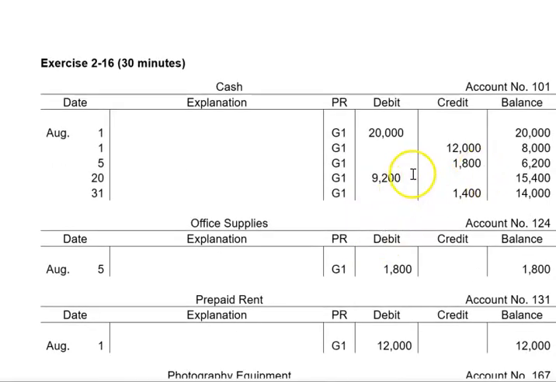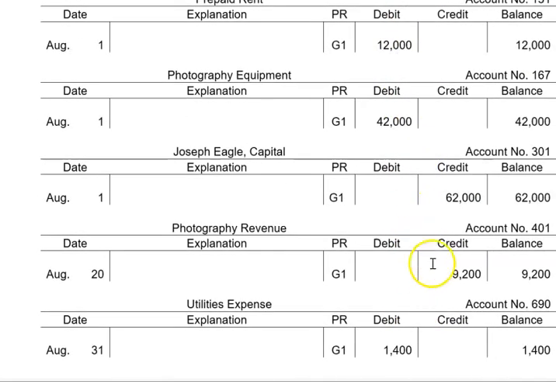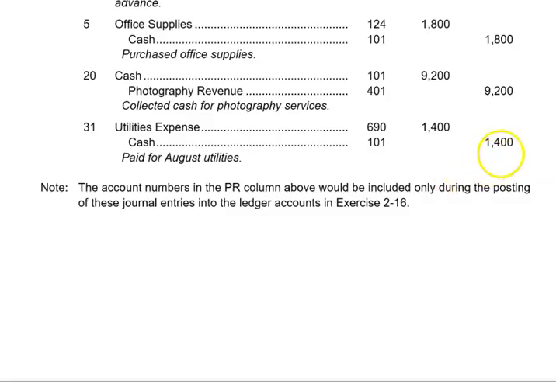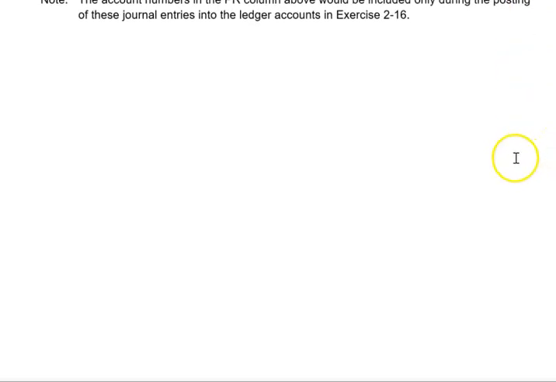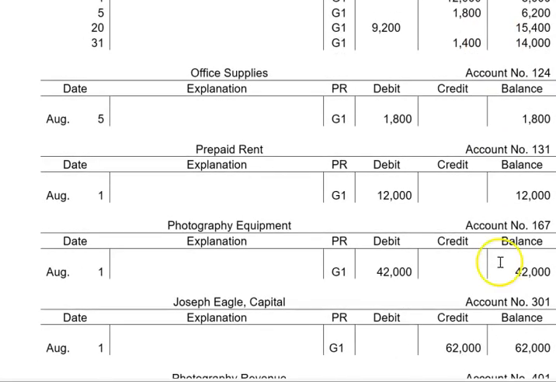Cash is the 9,200 and photography revenue will be down here, credit 9,200. And again, the normal direction of revenue is your credits because it does increase your equity eventually as your statements are being combined or linked as you're creating them. And then on August 31st, we have utilities expense 1,400 and cash is being paid. So cash is being reduced by your 1,400 to give an ending balance of 14,000.